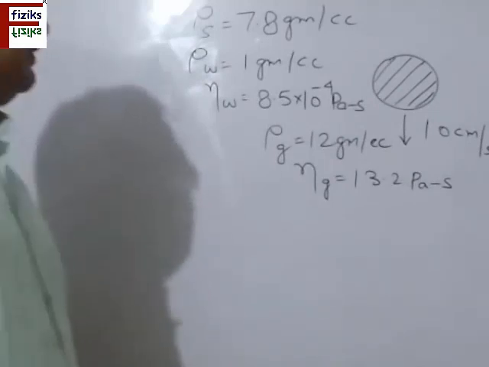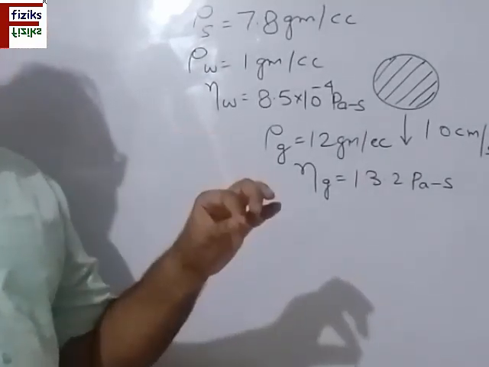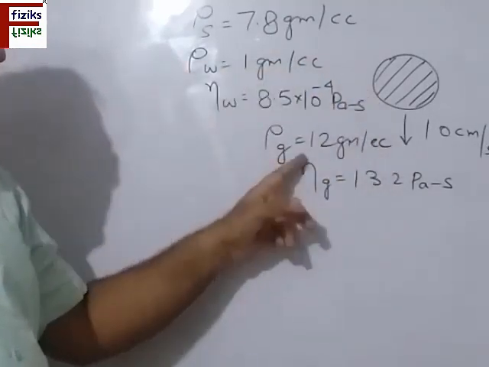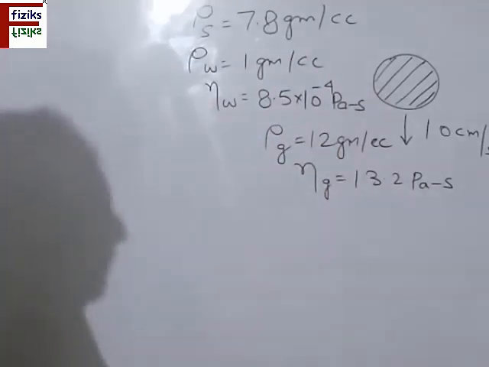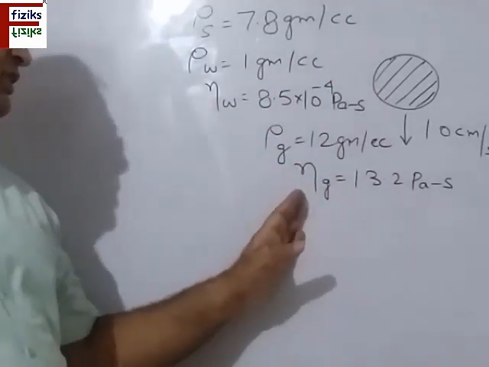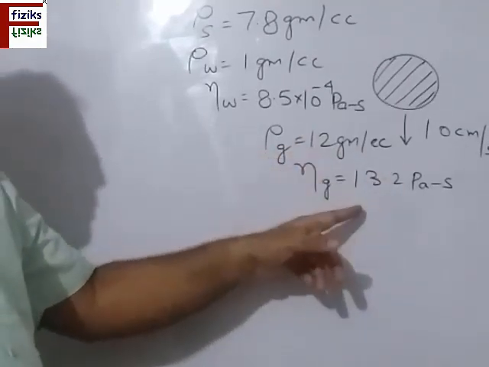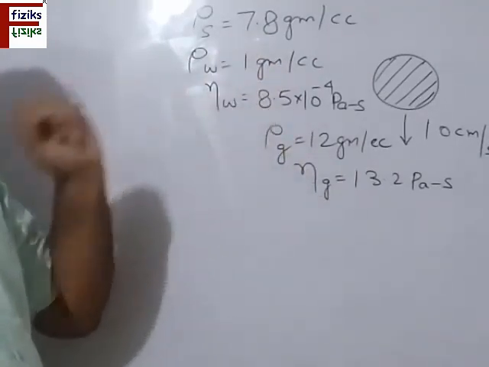Now the question is that if I put this ball from the same height, in place of water, I take the liquid as glycerin, which is having a density 12 gram per centimeter cube, and viscosity is 13.2 Pascal second. Obviously, the density and viscosity are higher for glycerin as compared to water.